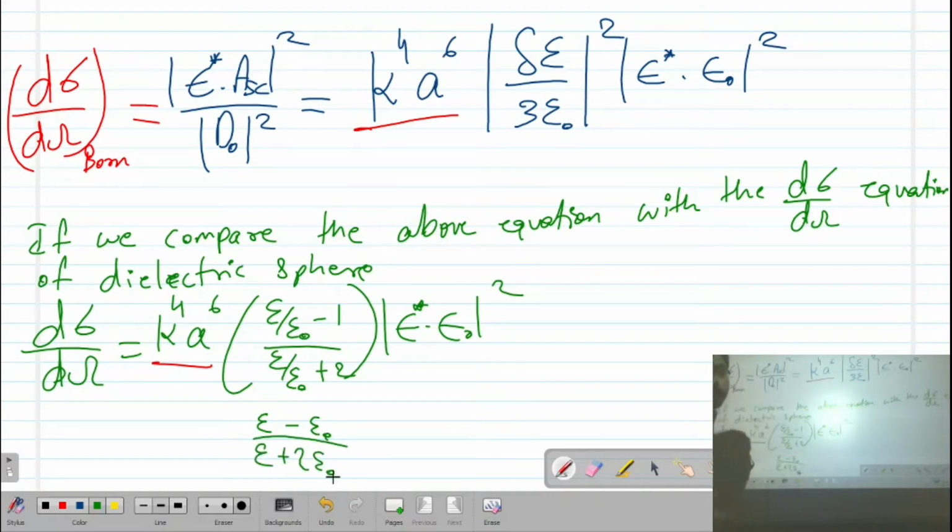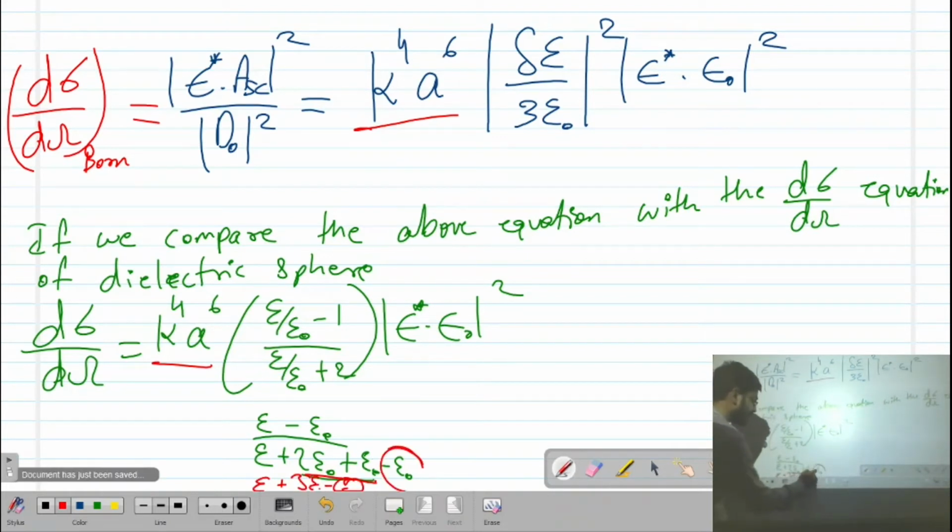Taking an LCM, plus epsilon 0 minus epsilon 0, these two terms will make 3 epsilon 0. Epsilon plus 3 epsilon minus epsilon 0 can be neglected due to the small variation, and we will have 3 epsilon 0.